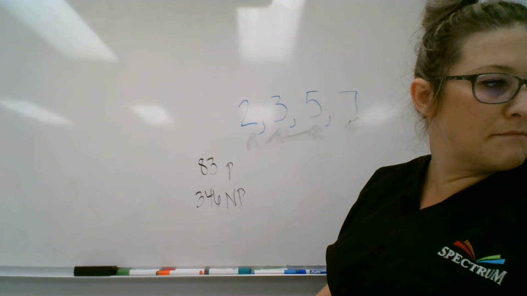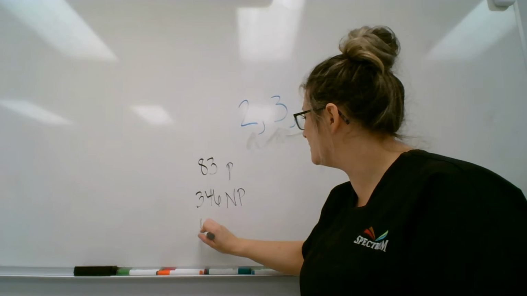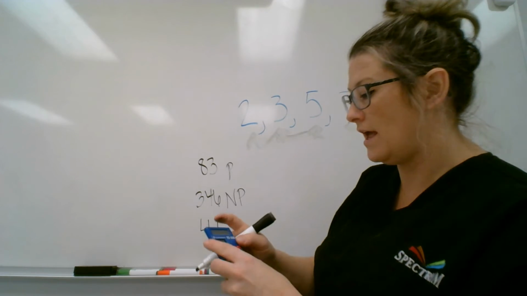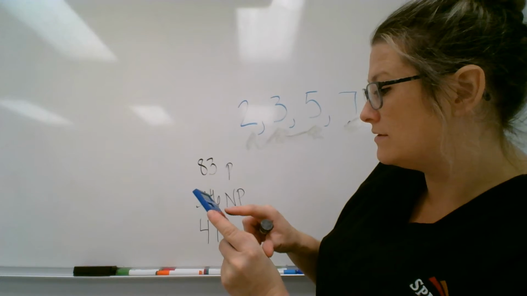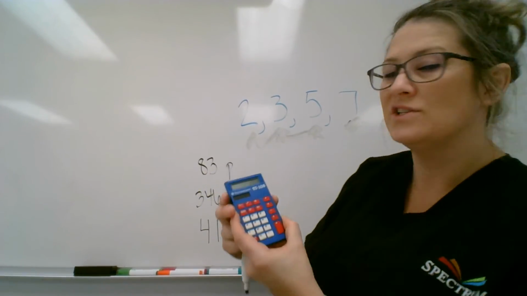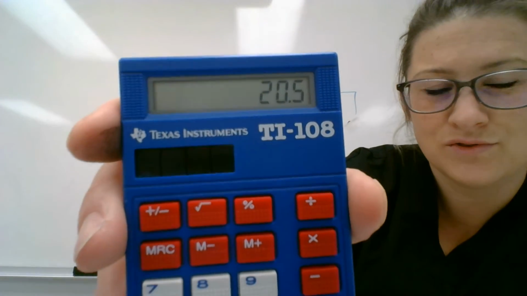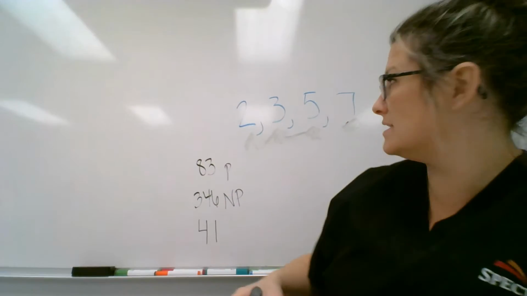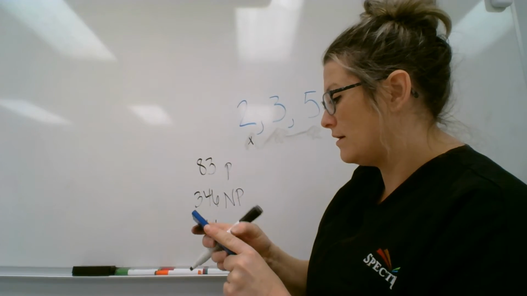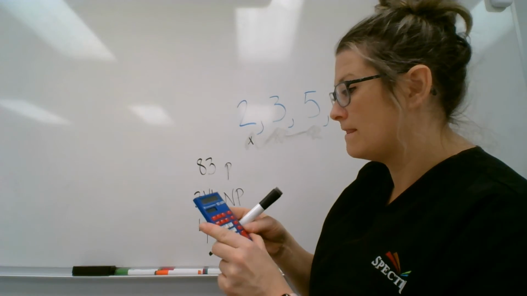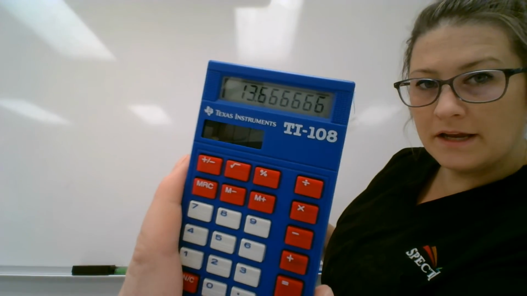All right, my next number is 41. Okay, I'm going to start at the 2. 41 divided by 2, 20.5. So 2 does not go in evenly because there's a decimal. Nope. Let's see. 41 divided by 3, 13.6 repeating.